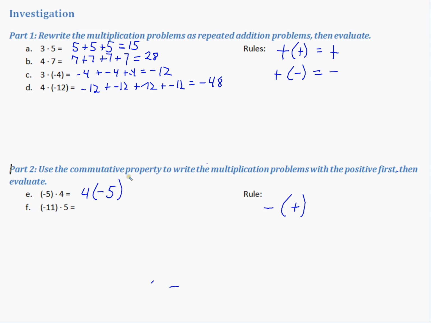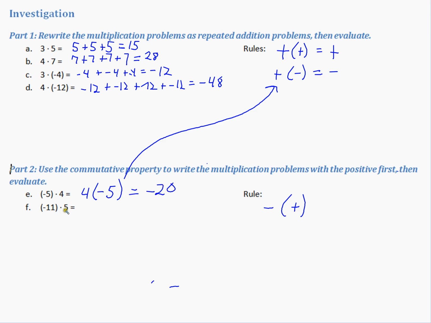This fits the form of a positive times a negative, so we know it will be a negative answer. We also could have done negative 5 plus negative 5 plus negative 5 plus negative 5 and realized it's negative 20. But since we just learned this rule, we know that a positive times a negative is negative. So this is negative 20.